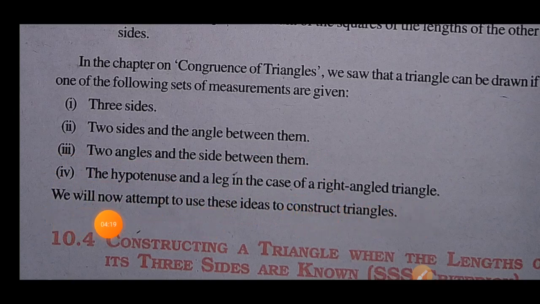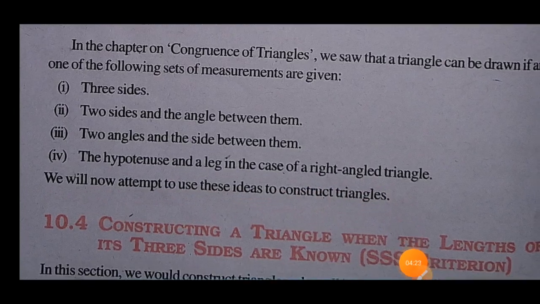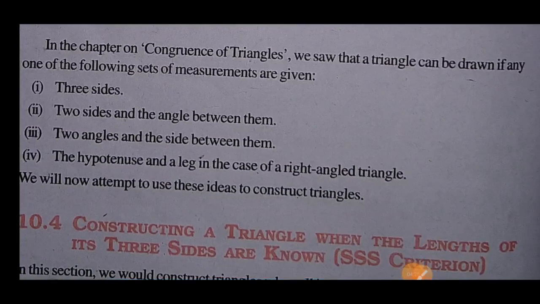We will now attempt to use these ideas to construct triangles. The first criteria is constructing a triangle when the lengths of its 3 sides are known. This is called the SSS criteria or triple S criteria.